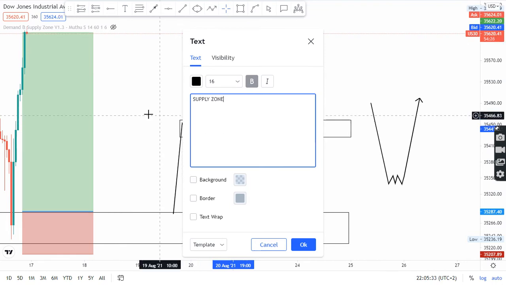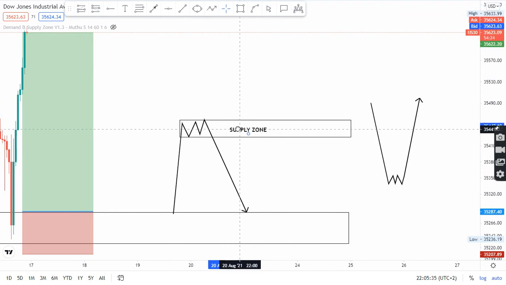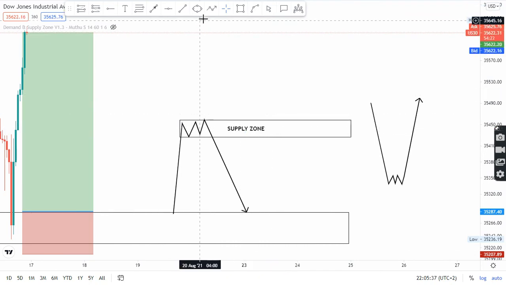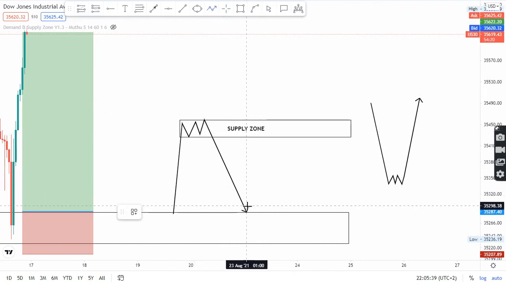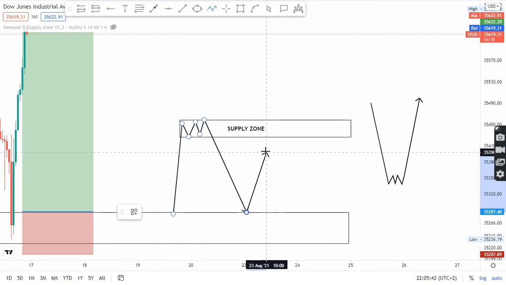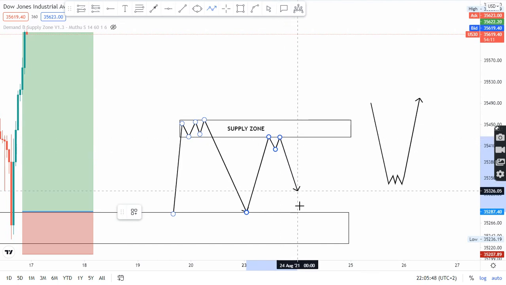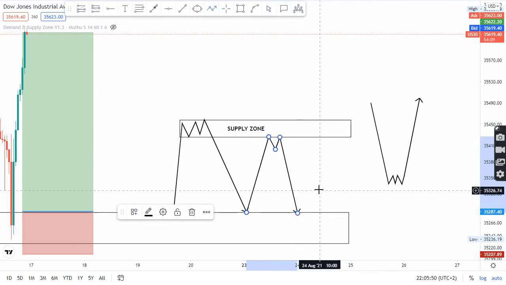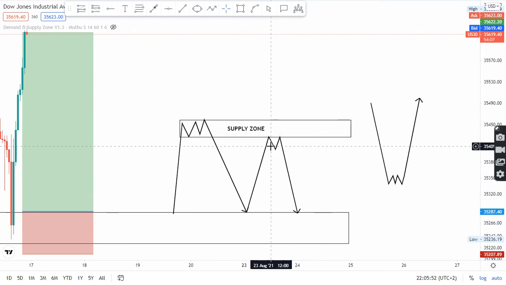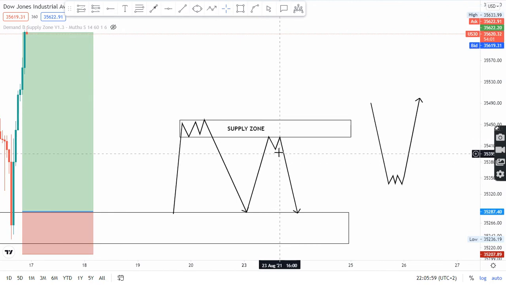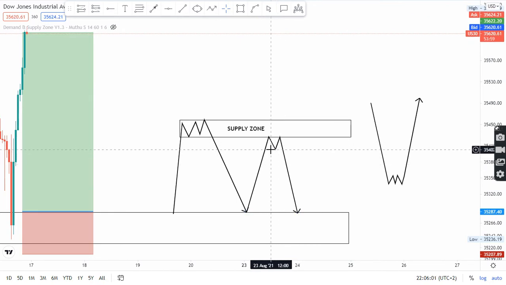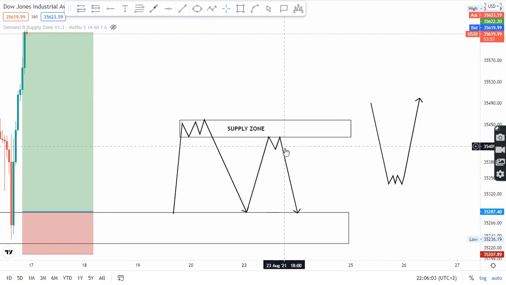Once you do this, simply be patient and wait for price to come to that level. And once price comes to this level, what do you do? You wait for your confirmation. Remember the confirmation we talked about, guys? You wait for either a double top, a bearish engulfing pattern, a pin bar pattern, or a head and shoulders pattern happening where?